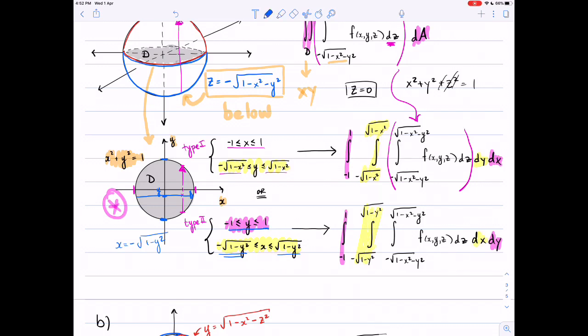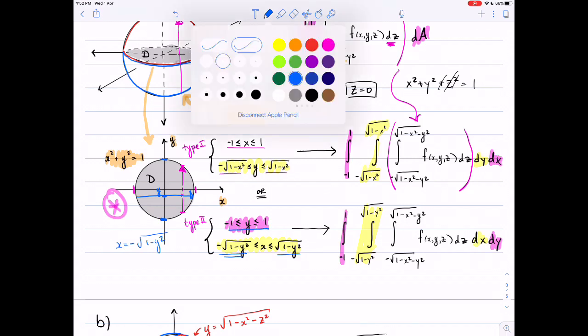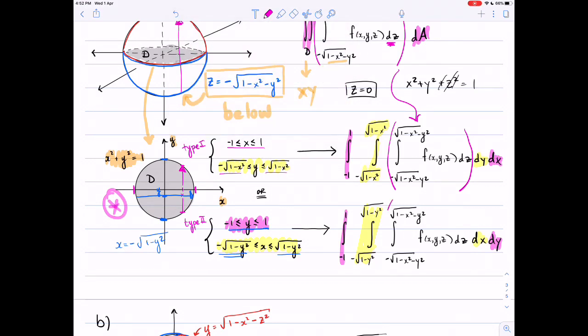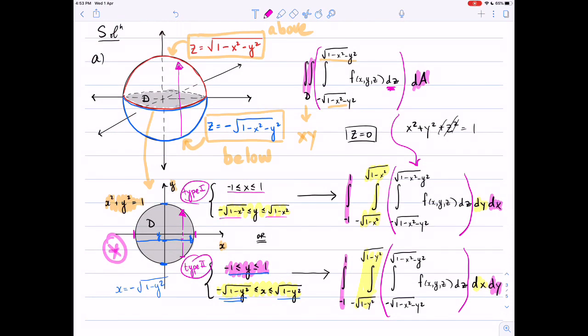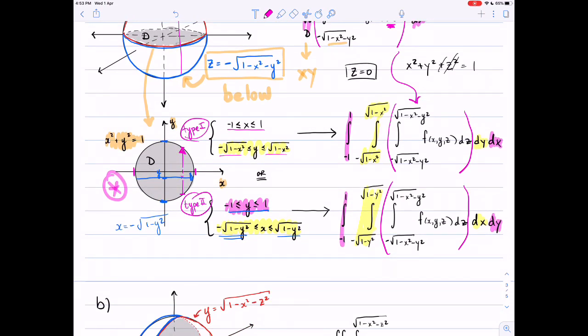And the innermost integral is the same because that is the type 1 solid. We're talking about type 1 and type 2 regions, but this is a type 1 solid that we're still working under, in the two ways. So that inner integral is the same because we've got a type 1 solid.